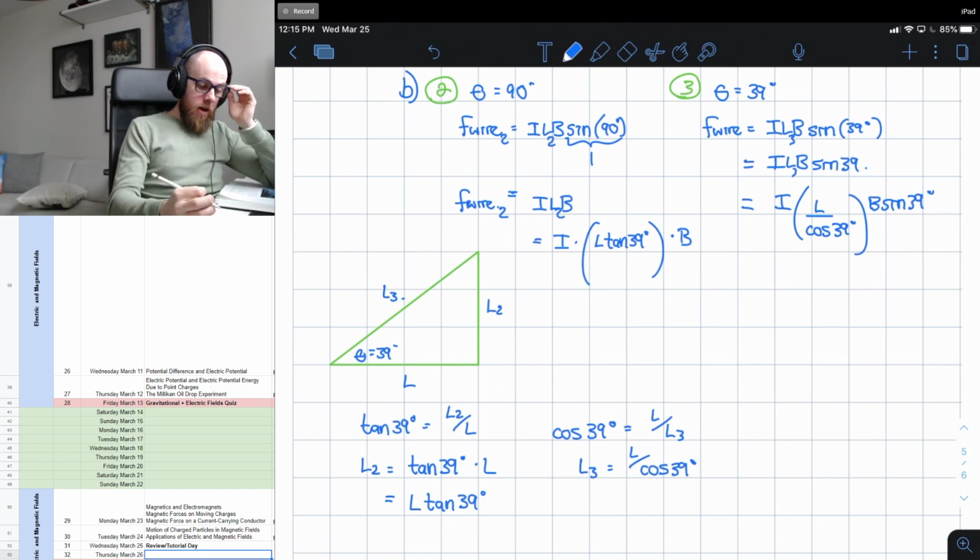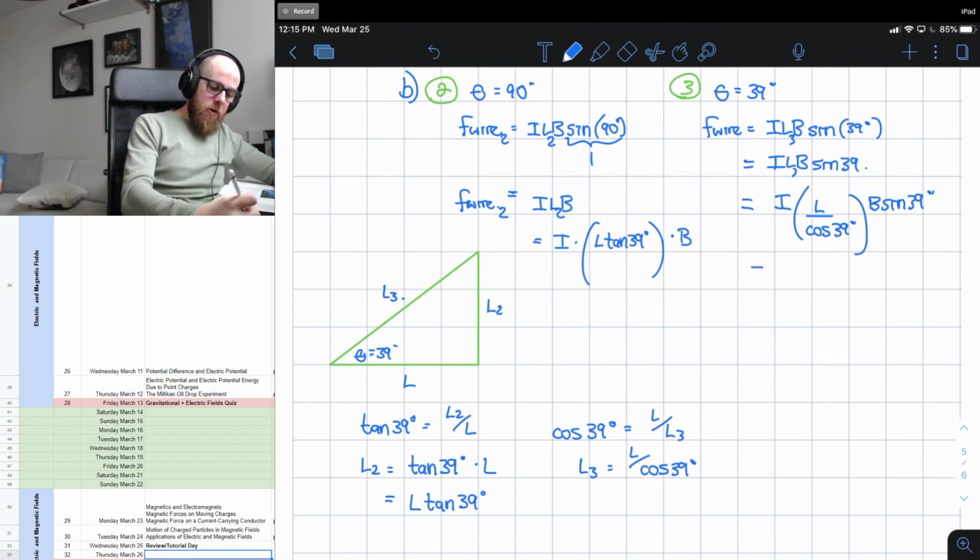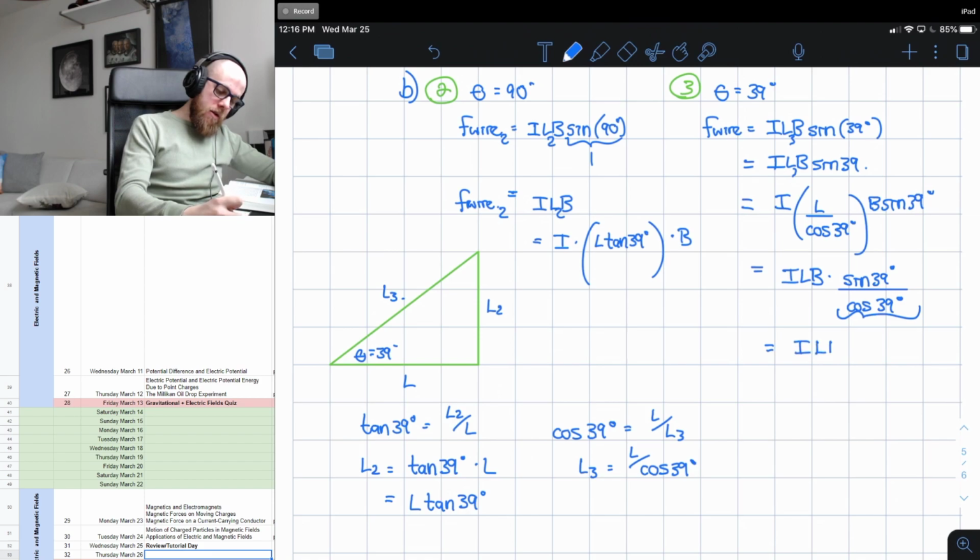Okay, and so I can do a bit of rearranging here. So I have ILB times sine 39 over cosine of 39. But this here is just tan, right? So I have ILB tan 39.